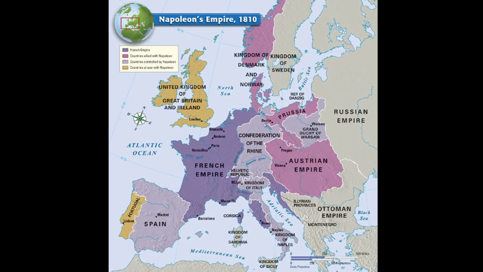Total main character energy. Meanwhile, he ditched the Americas. Haiti's slave revolt was a major L for him, so he sold the Louisiana Territory to the US to fund his European takeover. Plot twist, that sale helped the US rise up and later rival Britain, Napoleon's arch-nemesis.